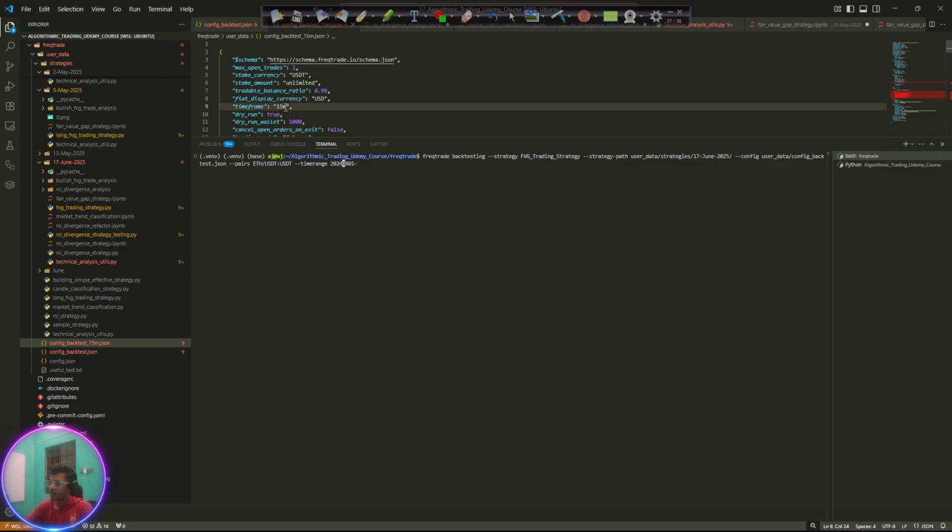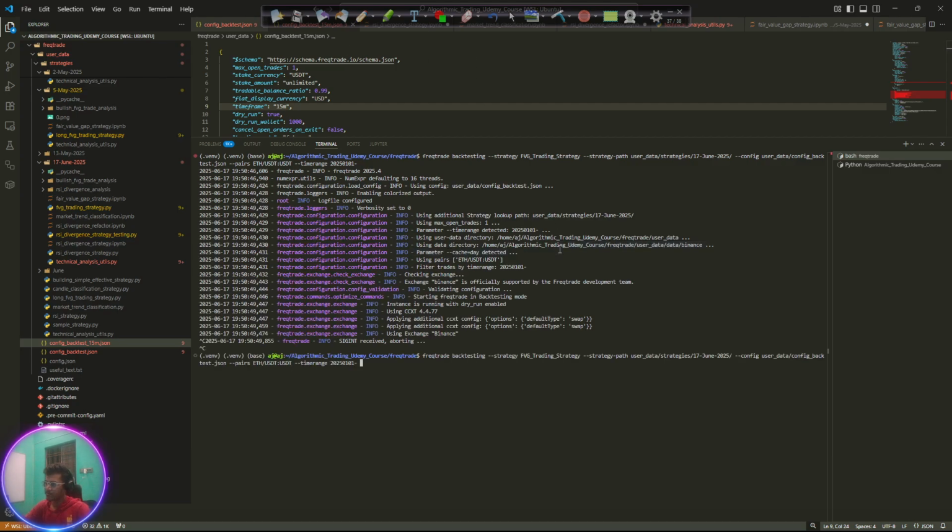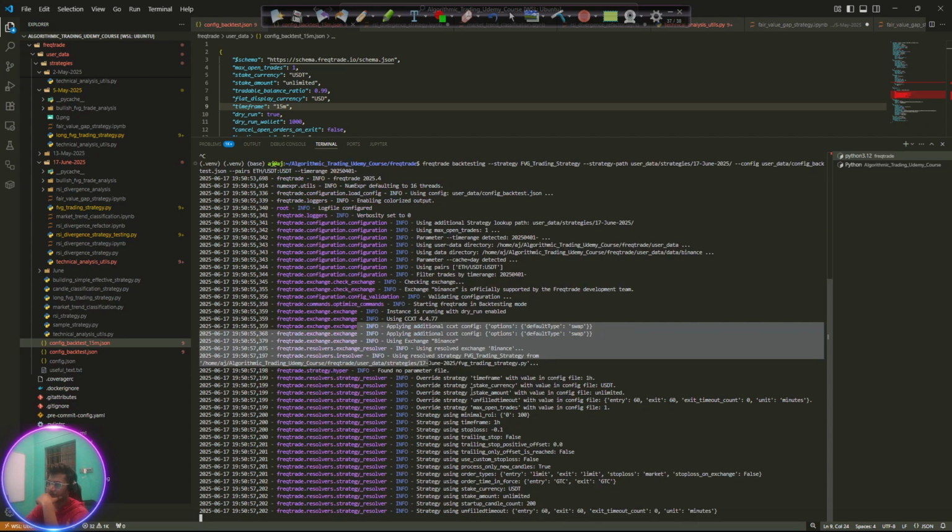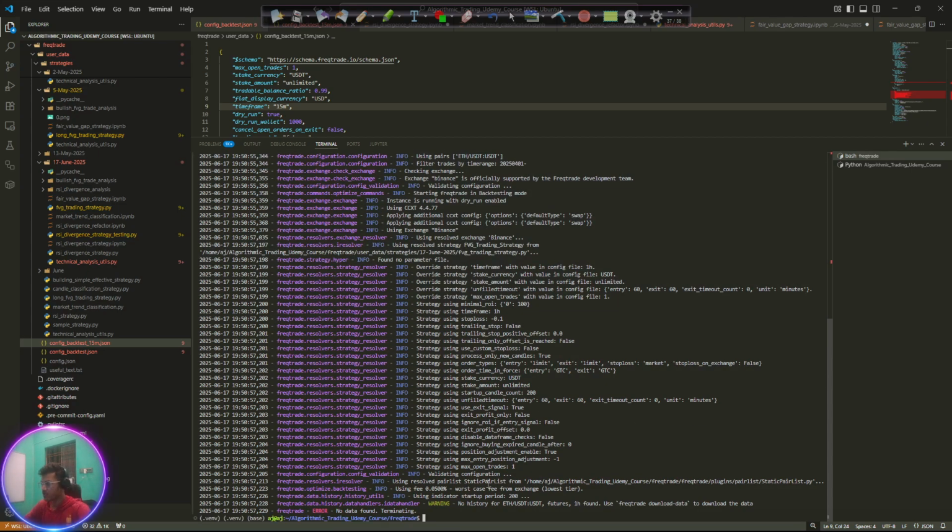Time range will be first of 2025. So let's see. And it's gonna be very long. So let's just run it from April. No data, right? 1 hour.